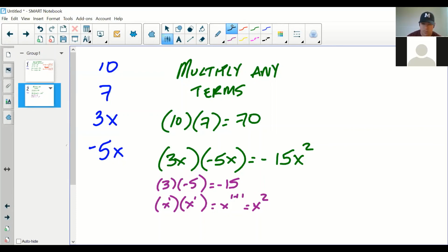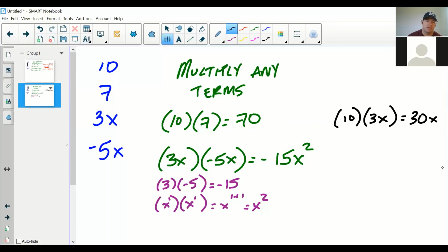So I think something like, let's go with 10 times 3x. We're allowed to multiply that. So 10 times 3x, our coefficients would be 10 times 3, and that would give me 30. When it comes to the variables, there's only that 1x right here. So we just go ahead and multiply it, and it would be 30x.